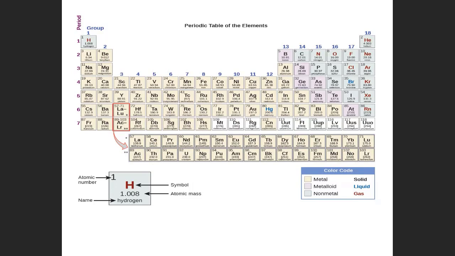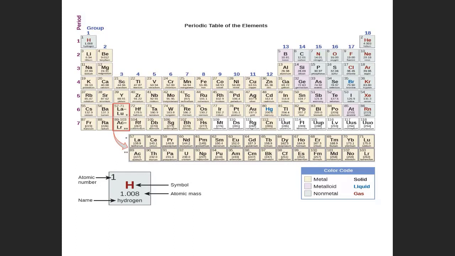So let's look at the periodic table just to have an idea. This periodic table, you can zoom in on your side, has different colors. These are all the elements. The ones in yellow are all metals.